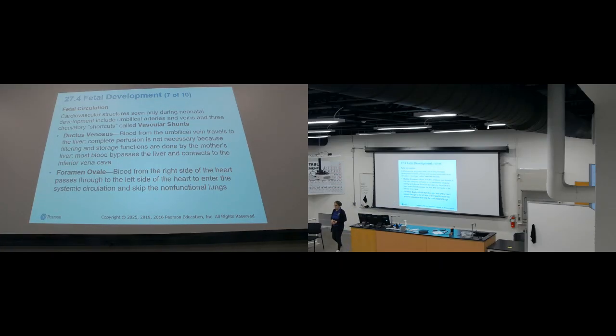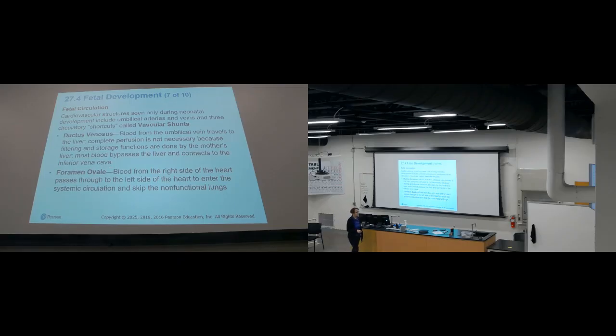So I told you before about the baby being in the amniotic fluid and not being able to oxygenate its own blood. So the baby will have a shunt that prevents a lot of blood from going to the lungs, but they also have other shunts, for instance the ductus venosus. This one communicates the blood vessels from the liver into the vena cava.